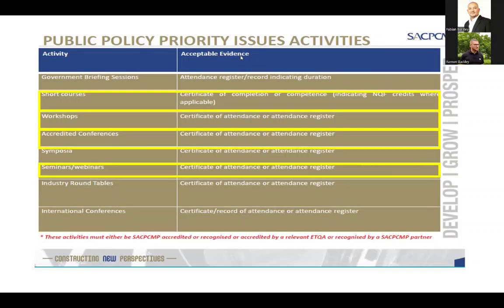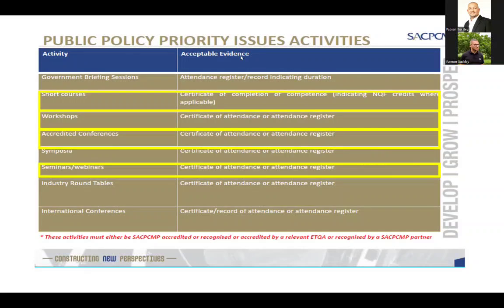So, for example, if you will be doing a lead auditor's course, or a construction regulations training course for the first time, they will allocate that particular certificate where it indicates, as it says here, certificate of completion or competence indicating NQF credits where applicable. So obviously, if it's got NQF credits, they will credit you based on the NQF credits indicated on that particular course. Okay, that's for your public policy priority issue.